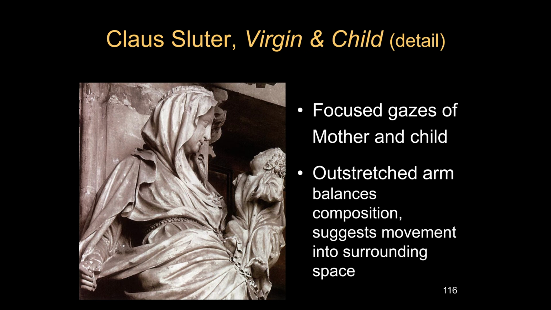It may have held something like a scepter or a plant or a flower in that hand. But that balances the pose. It creates a movement to our left and Mary's right that balances the Christ child on the other side, and balances the fact that Mary is looking at the child. And, of course, very intently.